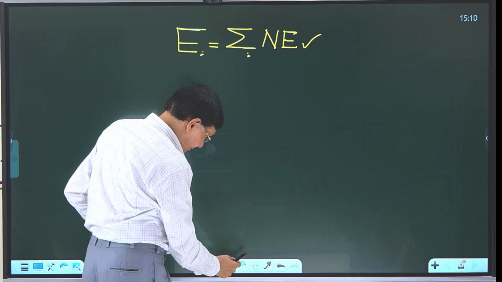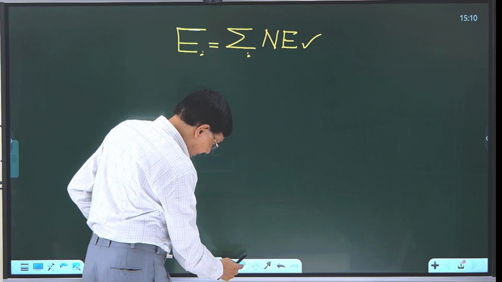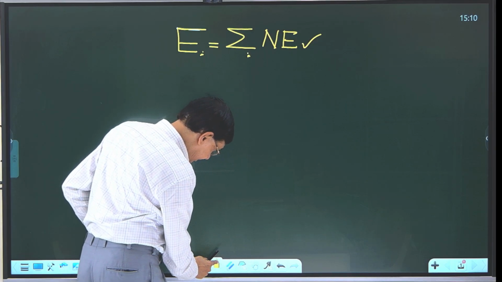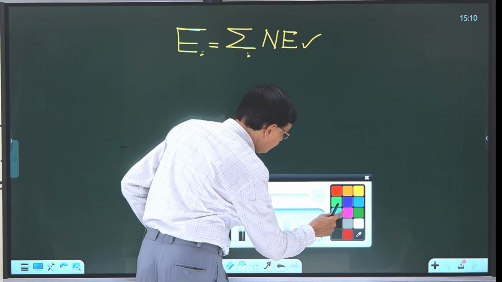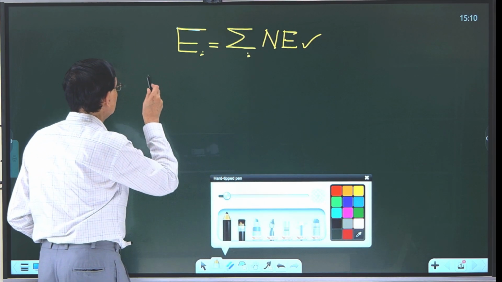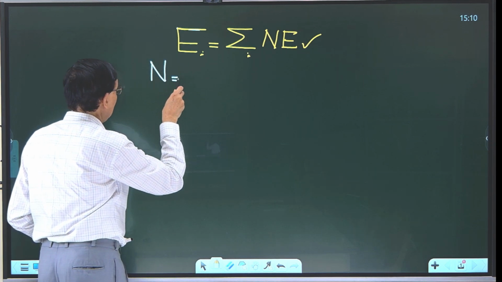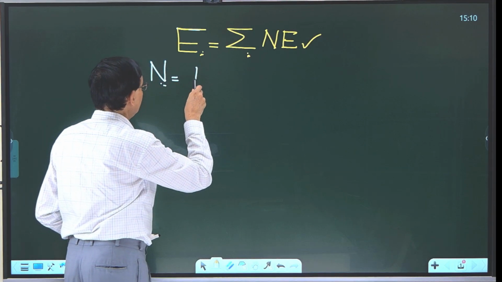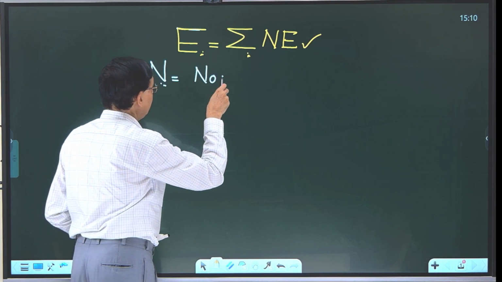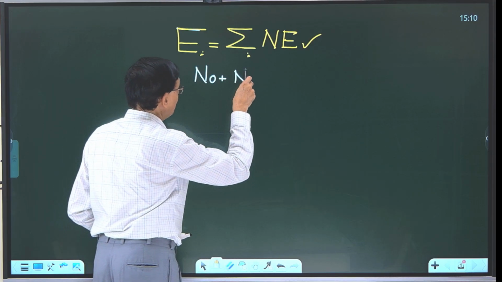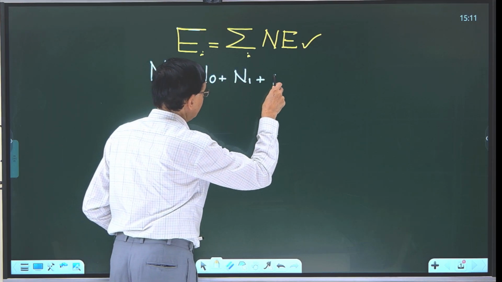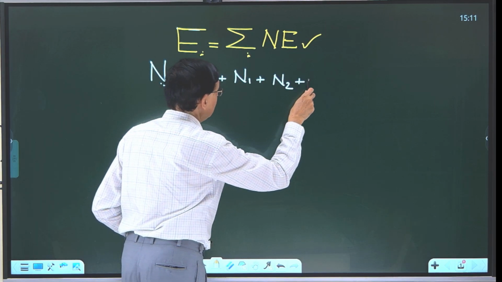And we have seen that Ni is N0, maybe N1, N2, and so on.